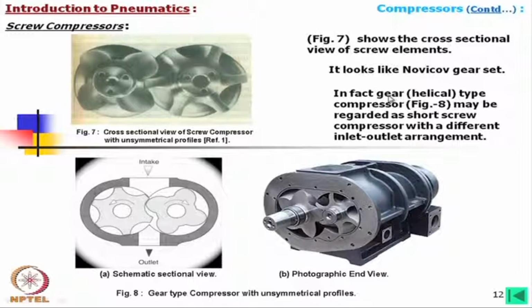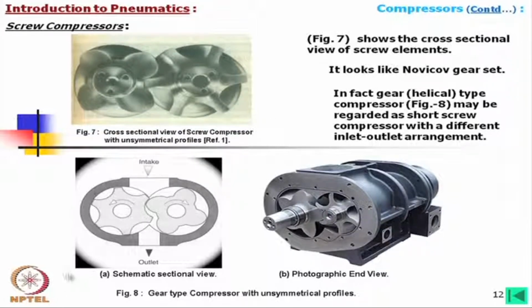Now, obviously, if you would like to compare this screw compressor with the gear type compressor, definitely this is also helical, that means helix gear as if, but this length of the screw conveyor, what is the length. In this case, length is very small.